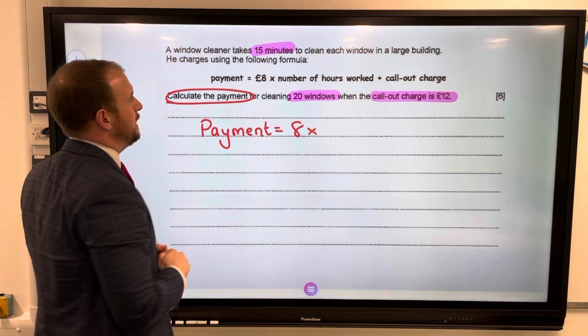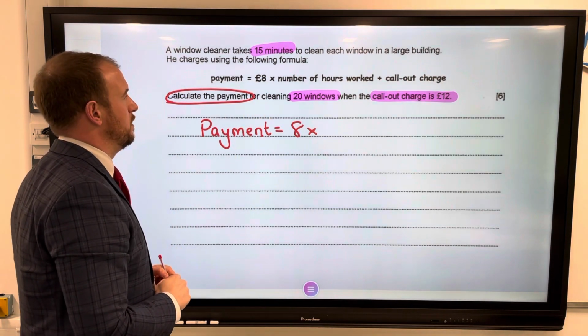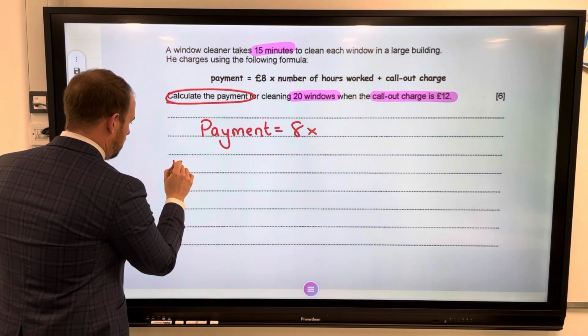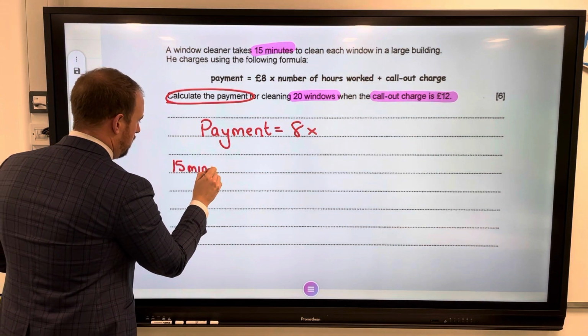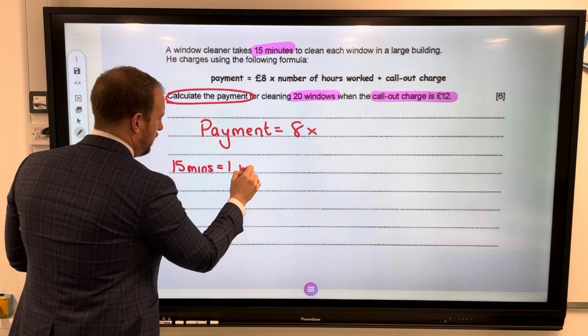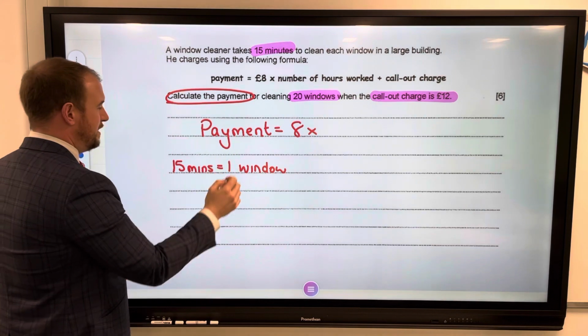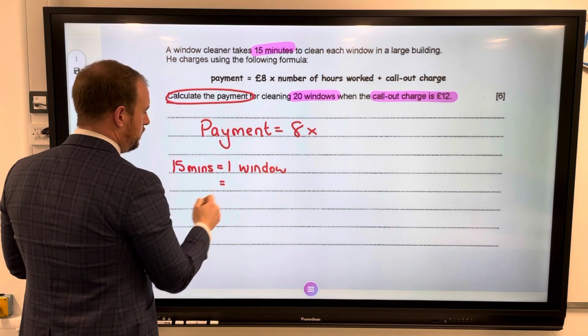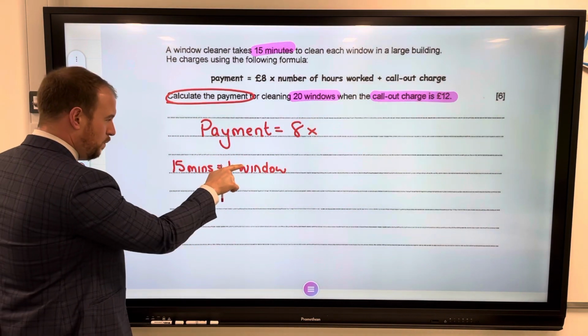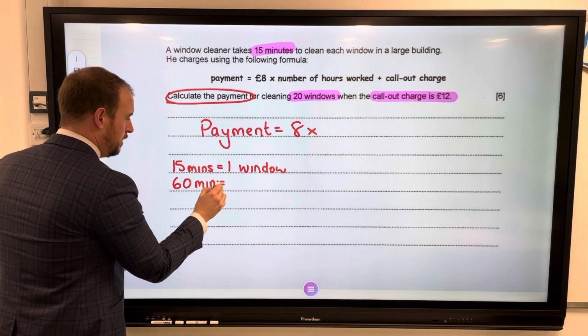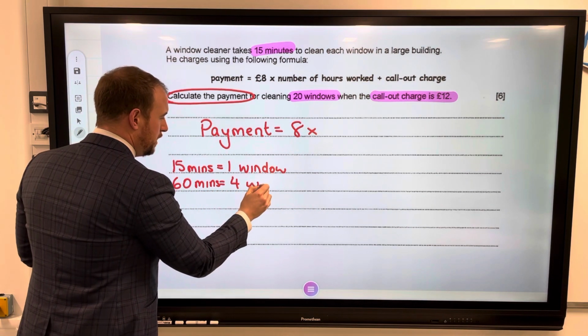But it takes 15 minutes to clean a window. So that means 15 minutes equals one window. We've got 20 windows. So if that's 15 minutes for one, that means it takes 60 minutes for 4 windows.